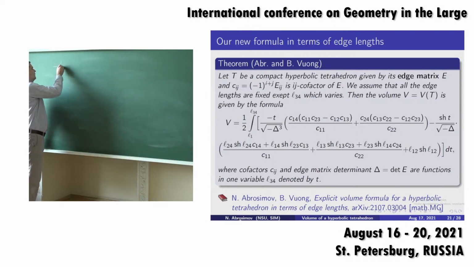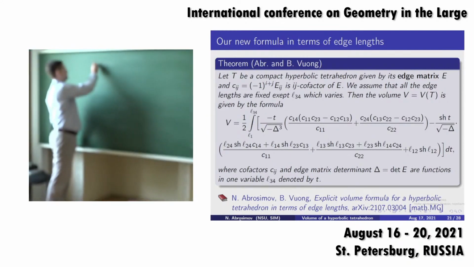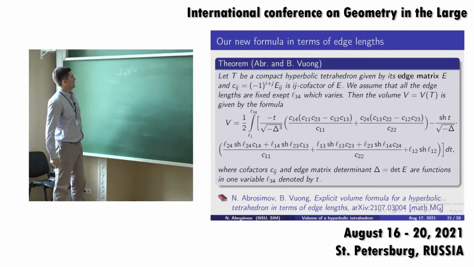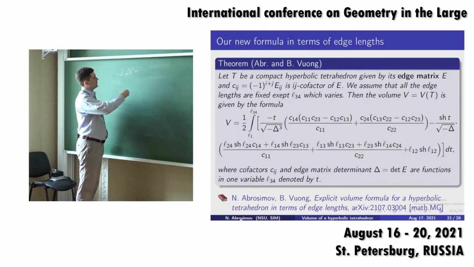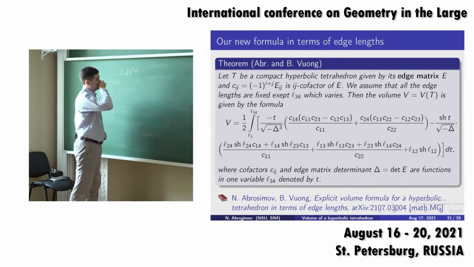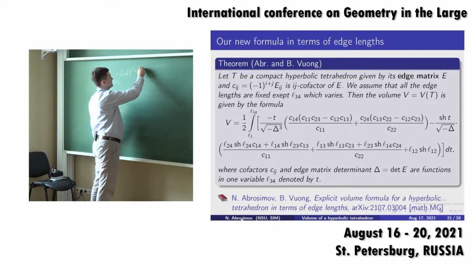Well, I can write here minus, this is due to hyperbolic geometry, 2 is due to dimension, and on the right side we will have six guys.